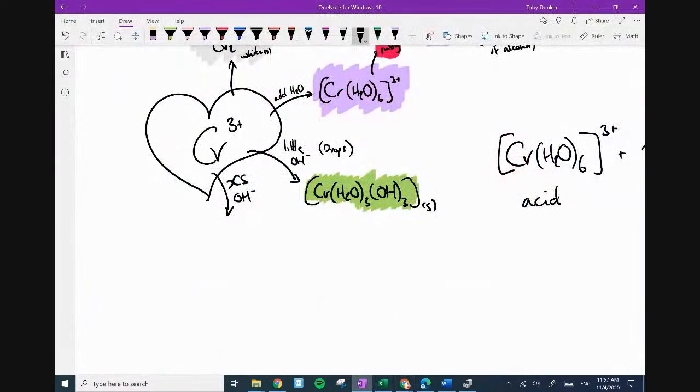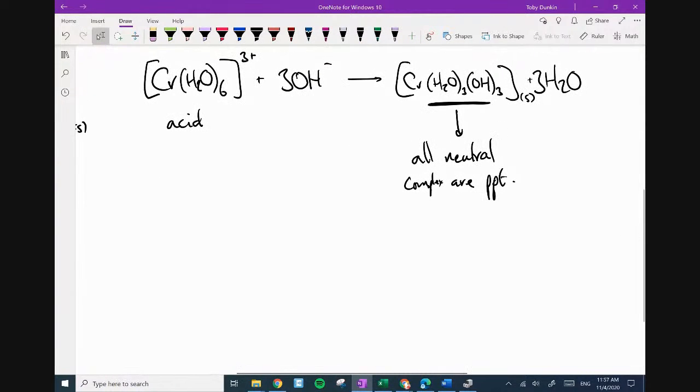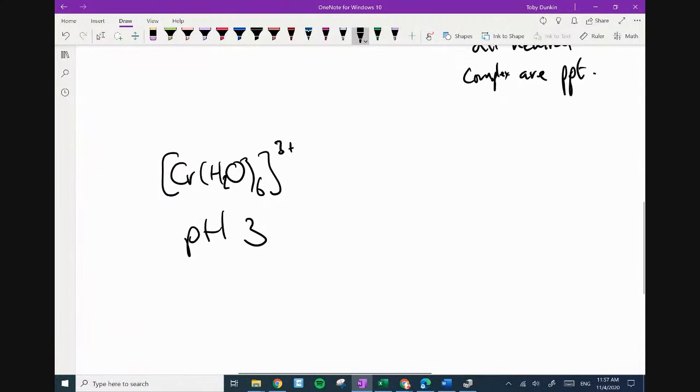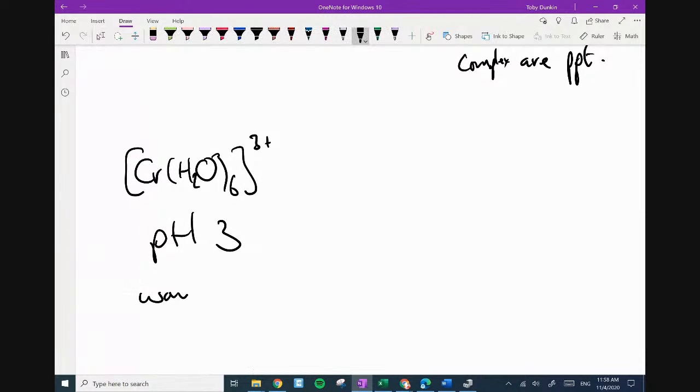So what's now going to happen is, because the hexaaqua chromium 3+ is more acidic, we know that the 3+ have a pH of 3, whereas the 2+, like copper, are pH 5. This is way more acidic. What that means is it's going to react with more sodium hydroxide.